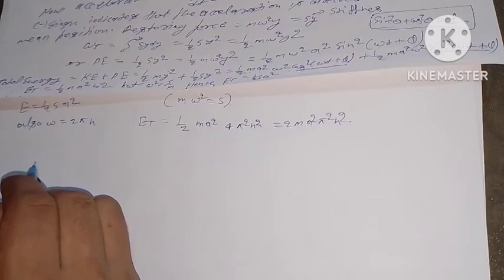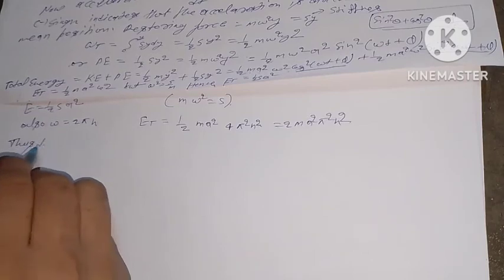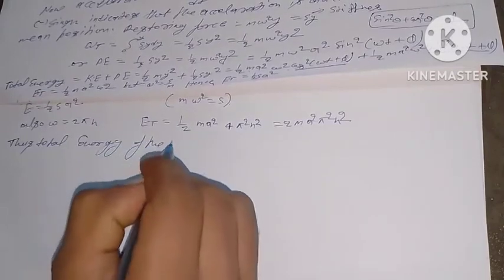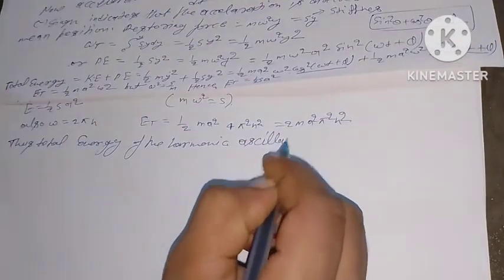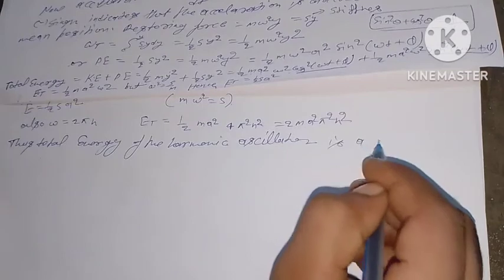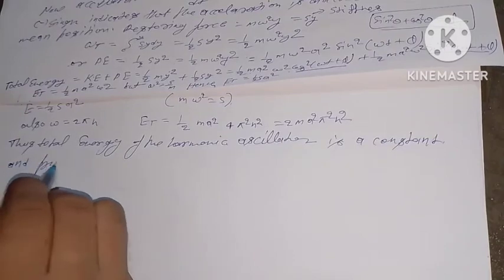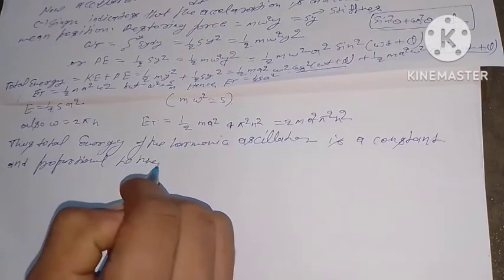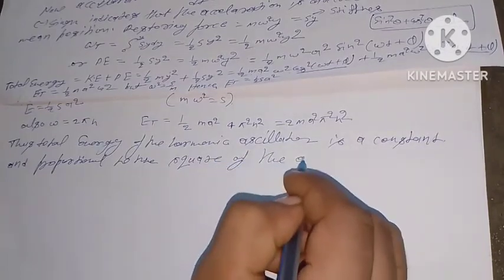Okay, thus total energy of the harmonic oscillator is a constant and proportional to the square of the amplitude.